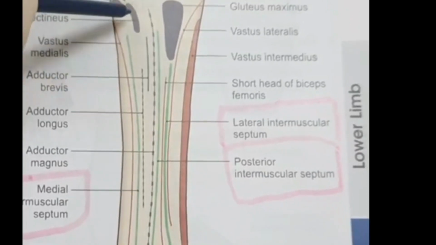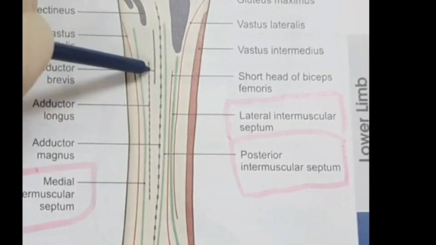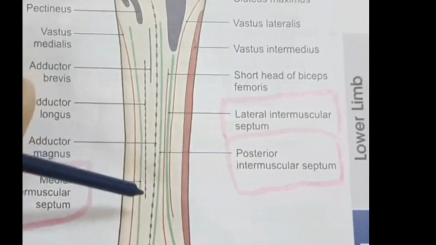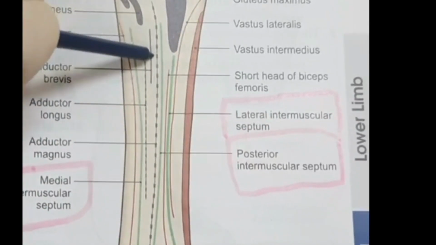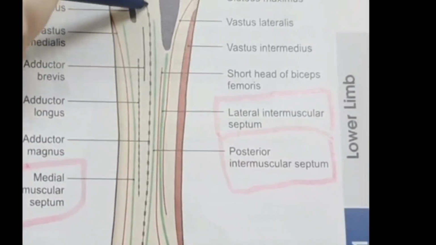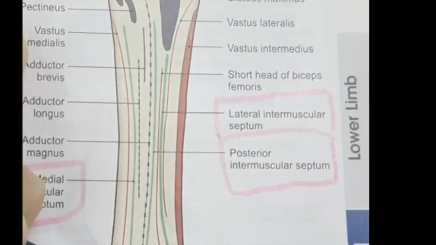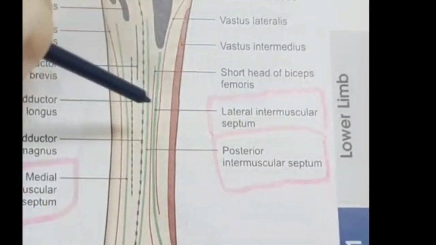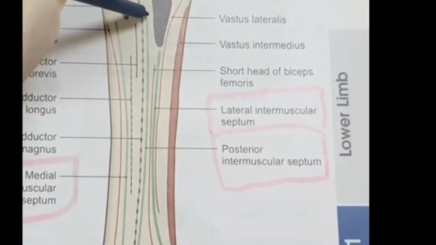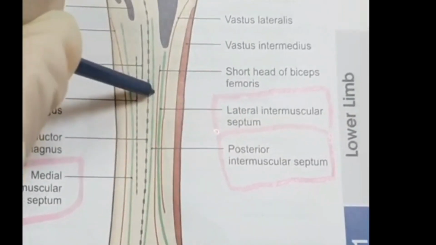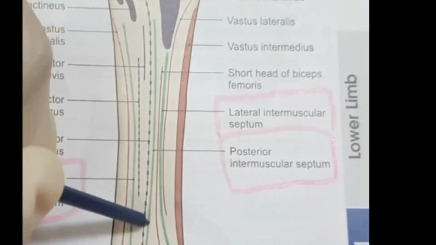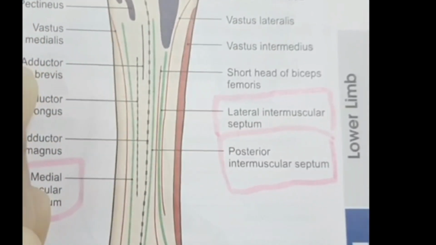Then in the next plane there will be pectineus and adductor longus. In the next plane there will be adductor brevis. In the next plane there will be adductor magnus extending up to the adductor tubercle. Then next will be posterior intermuscular septa that will separate the medial compartment from the posterior compartment.